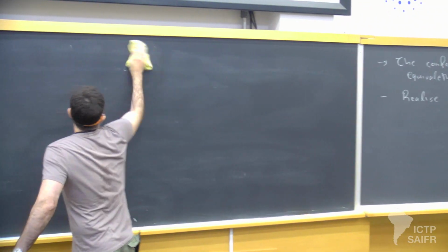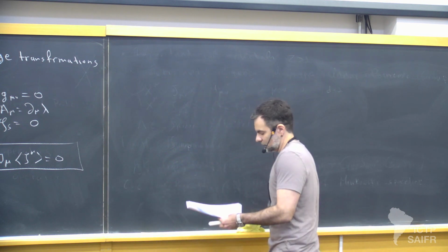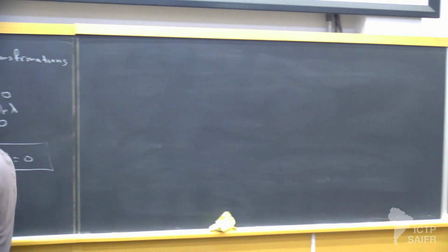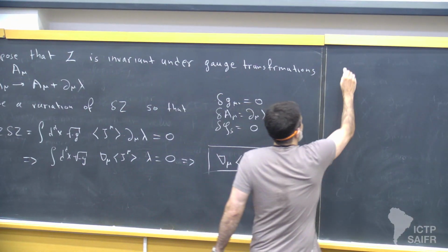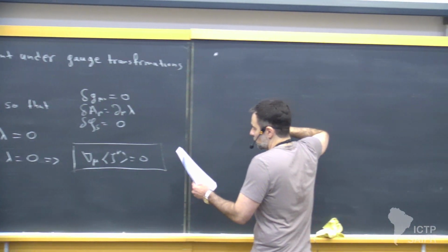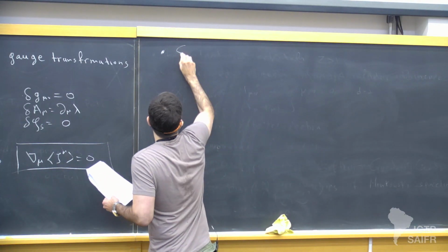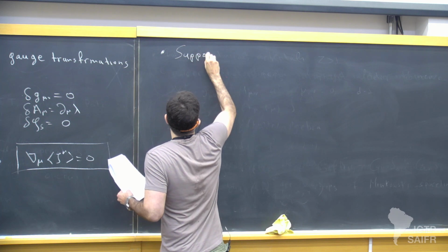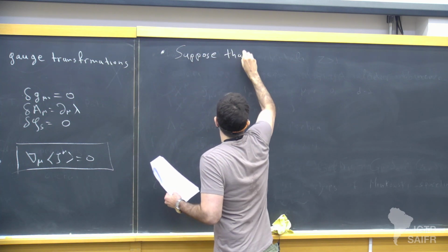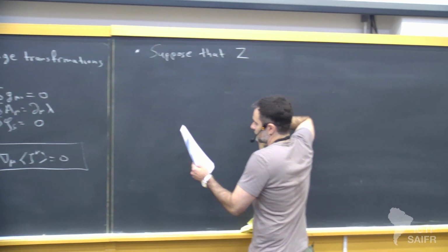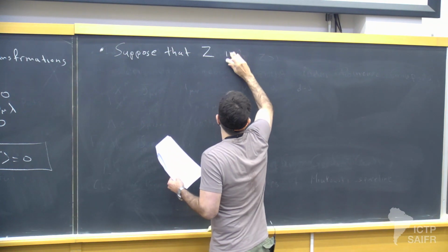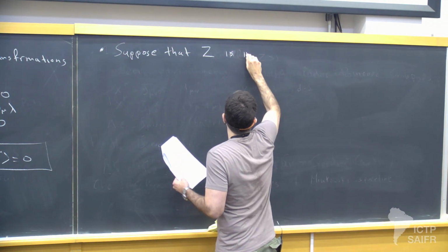Now, the other thing that I want to talk to you about is coordinate transformations, or diffeomorphism invariance. So suppose that Z is invariant under coordinate transformations.